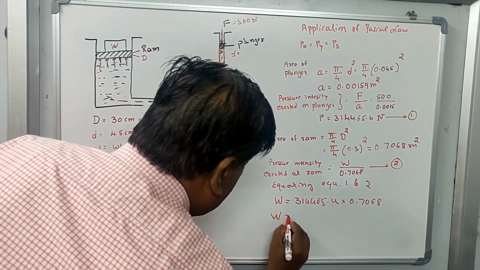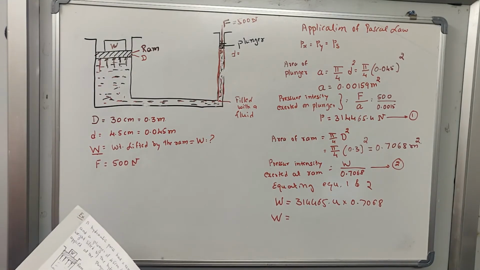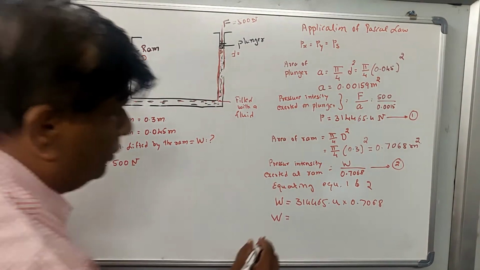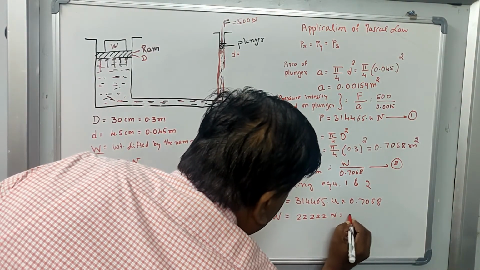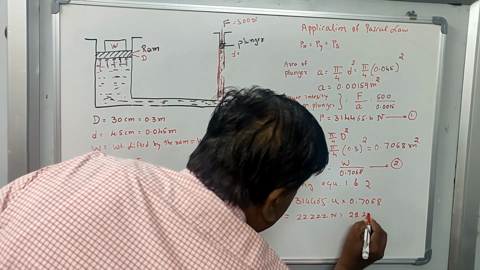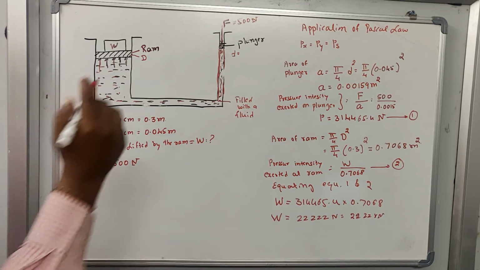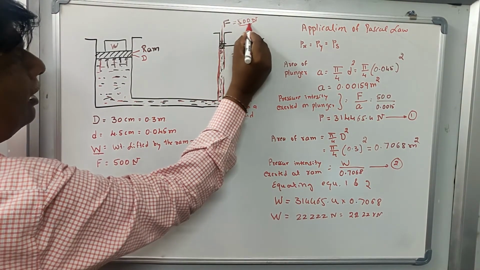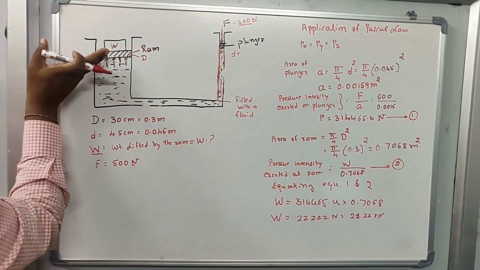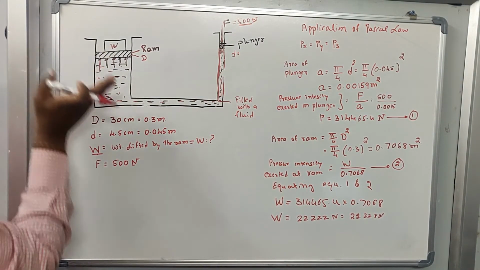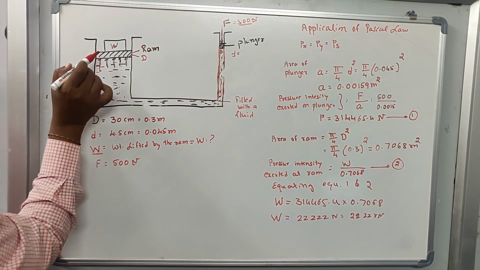Therefore, W is equal to 22,222 Newton or 22.22 kilonewton. So when a force of 500 Newton is applied at the plunger, you are able to lift around 22,222 Newton of weight at the ram.